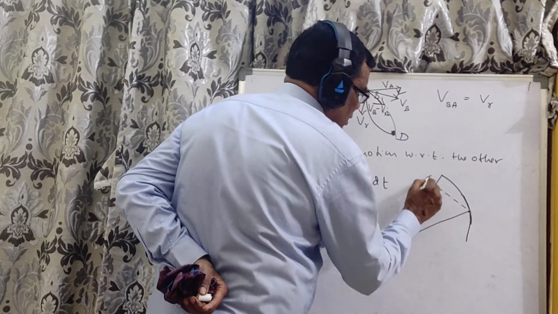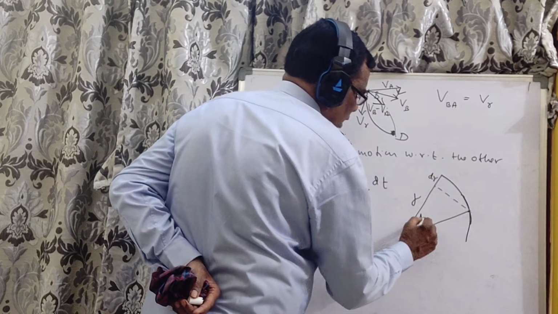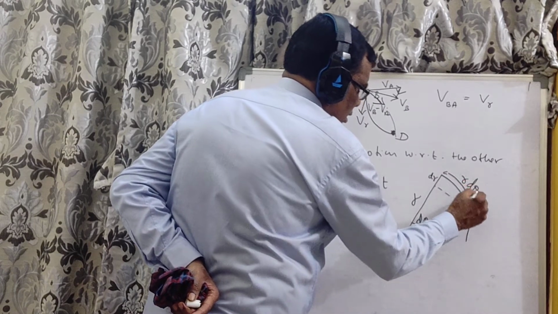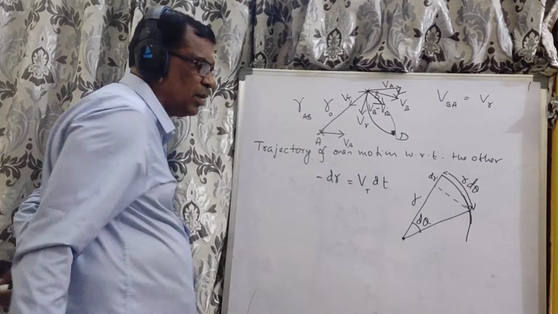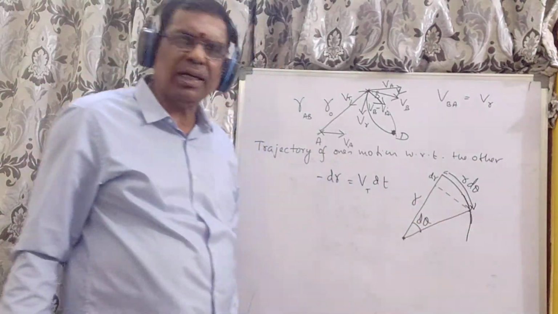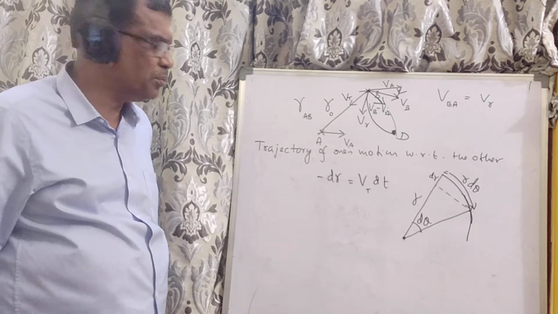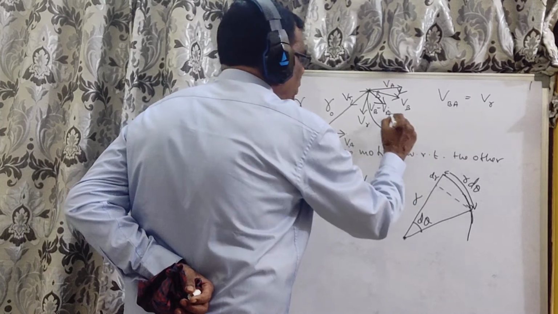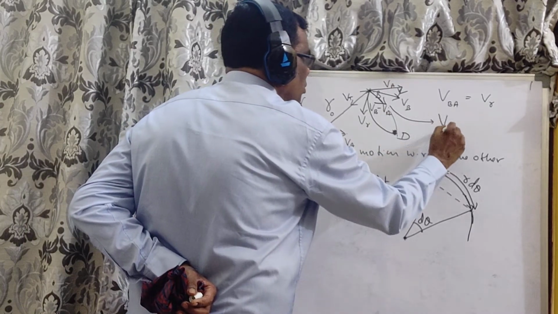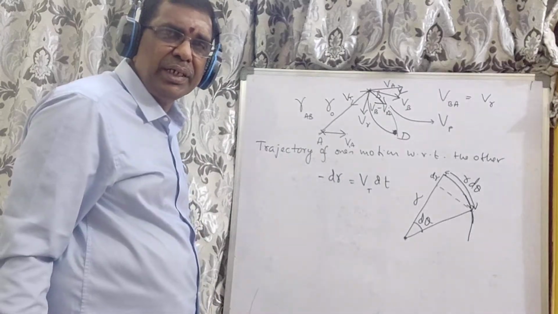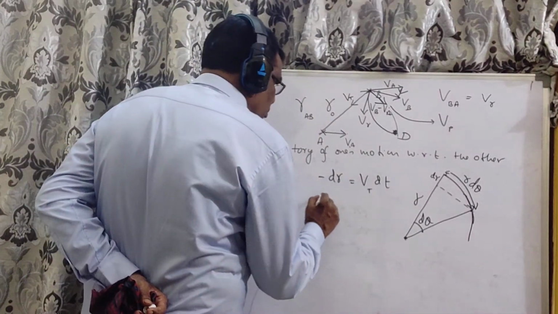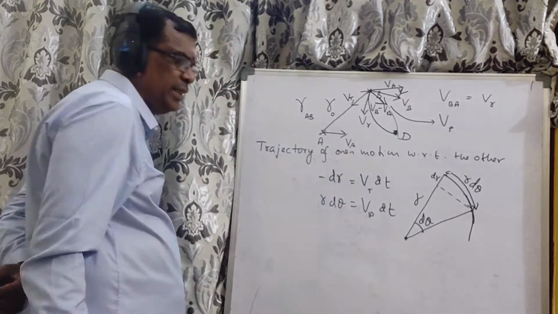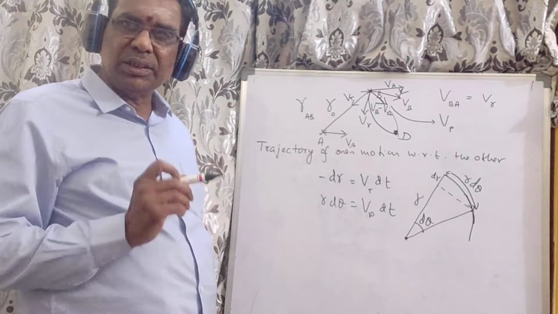Now, this is dr. If this angle is d theta, by simple geometry, this arc length becomes r d theta. This arc length is due to the perpendicular component, I will call this V_P. V_P stands for the perpendicular component. So, r d theta is equal to V_P into dt. I hope you have understood this point.